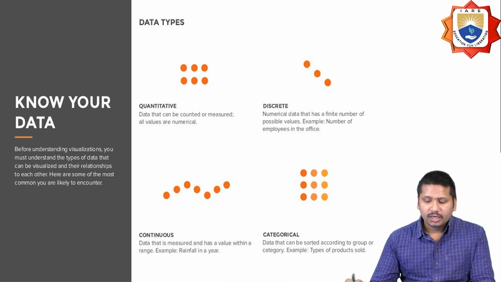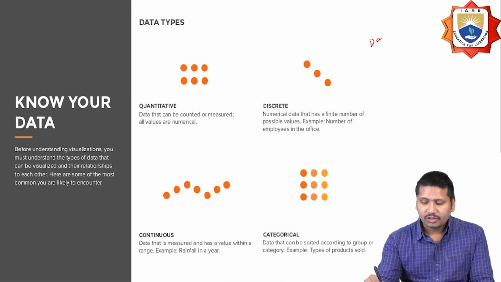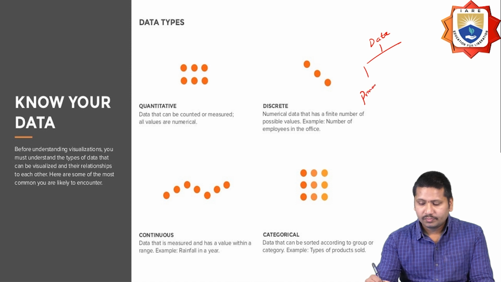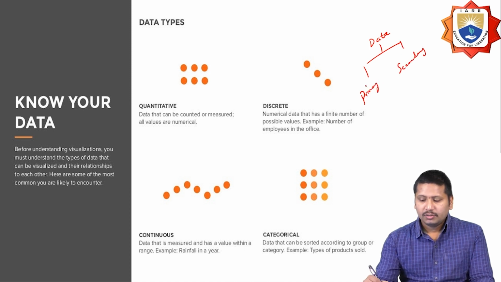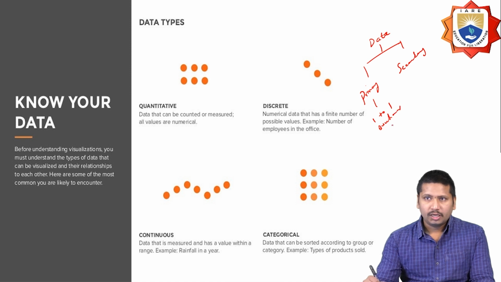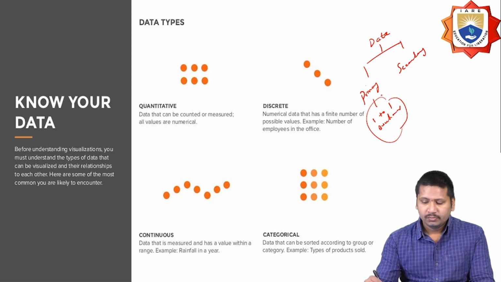Normally the data is going to come from different sources, primary and secondary. Primary means one-to-one interaction, a questionnaire, like this I can extract the data through a primary source.